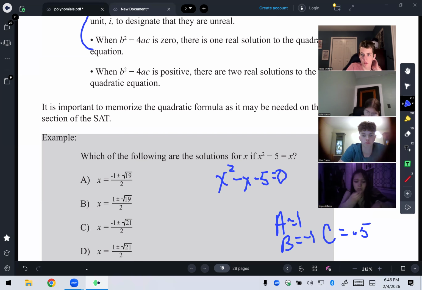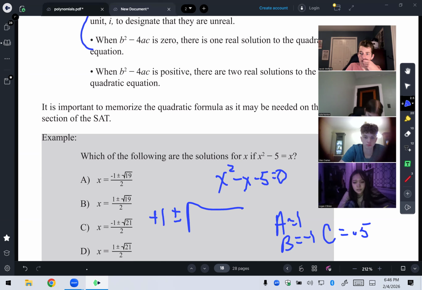So we're going to bring out our big gun: negative b, which is plus 1, plus or minus the square root of b squared, which is 1, minus 4 times a times c, which is negative 5, all over 2a, which is 2.